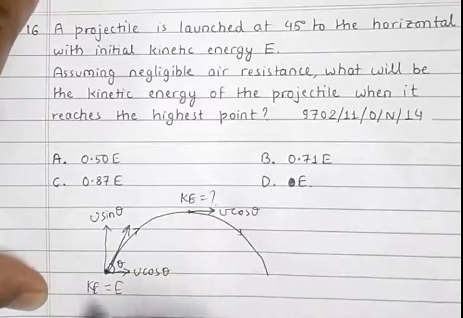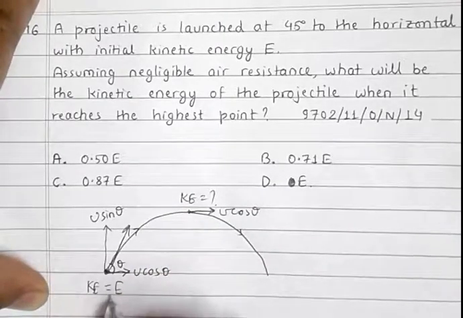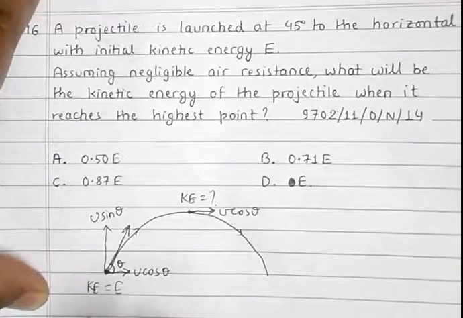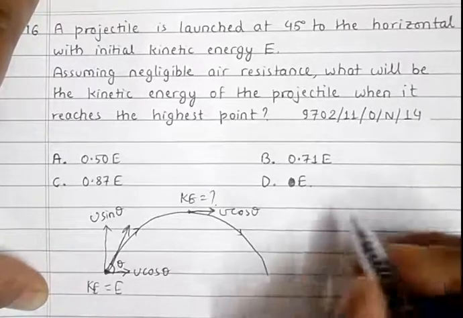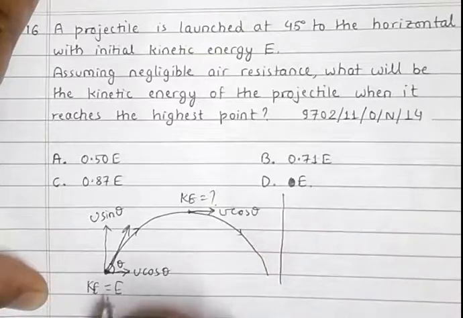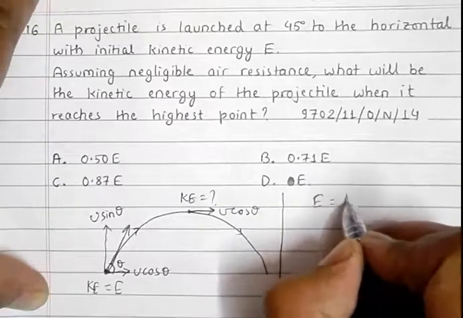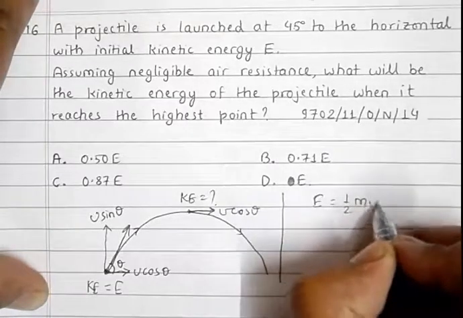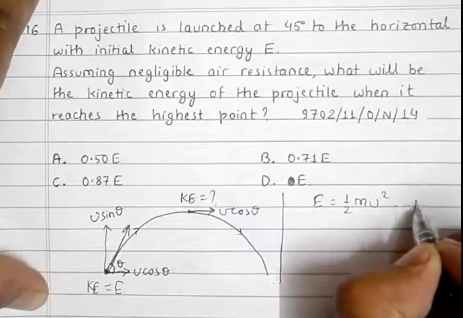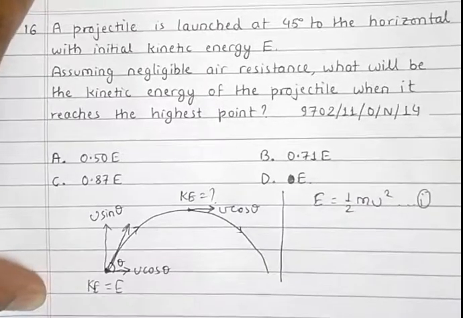So that means if the KE at the beginning point is E, we must have E equal to 1/2 m U square. Let us name it as equation number 1.